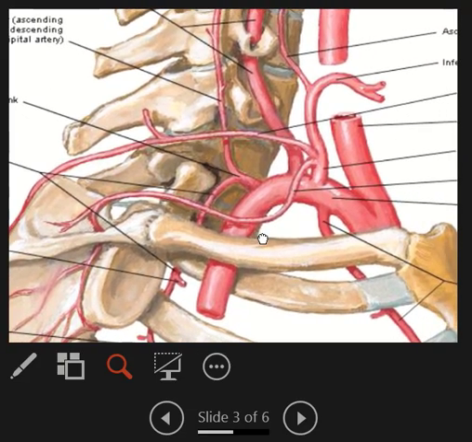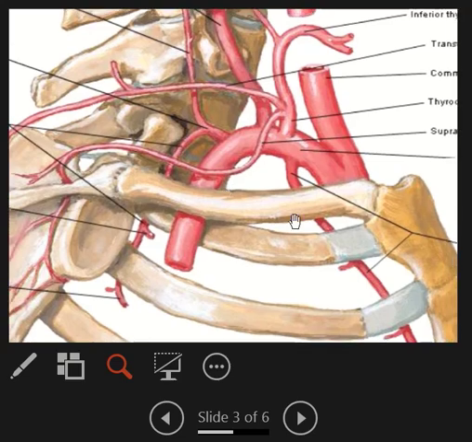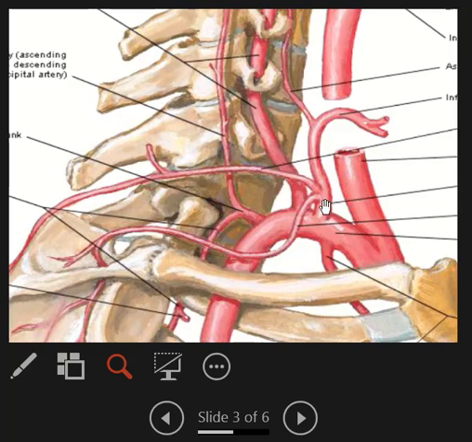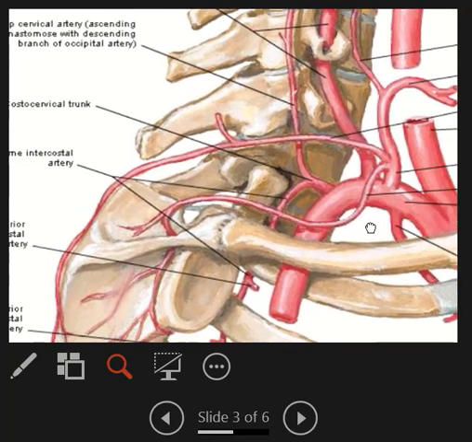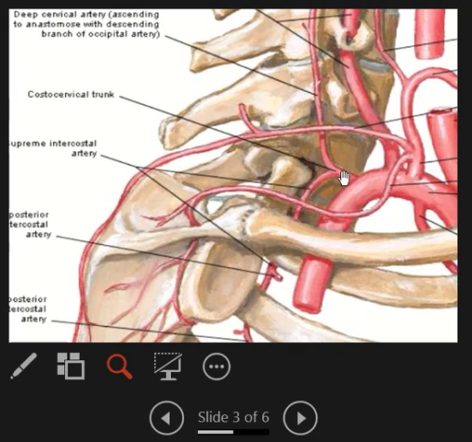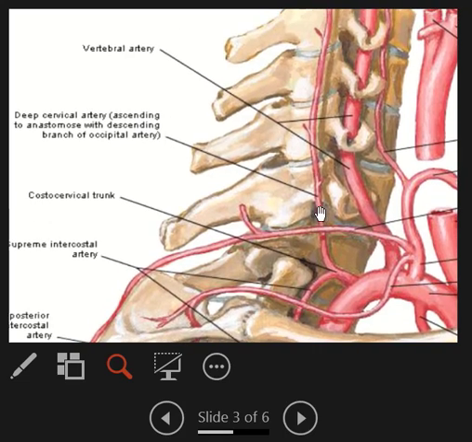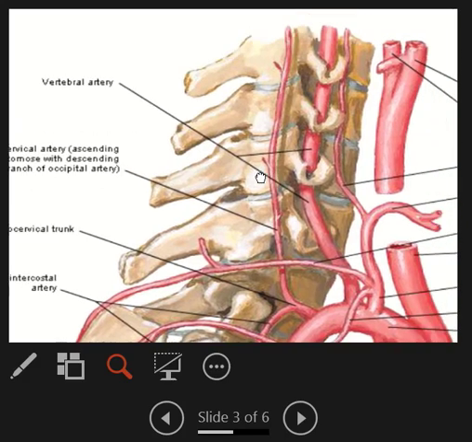So, a brief review: internal thoracic artery, thyrocervical trunk with 3 branches: inferior thyroid, transverse cervical, suprascapular artery. This is the costocervical trunk with 2 branches: supreme intercostal artery and deep cervical artery.